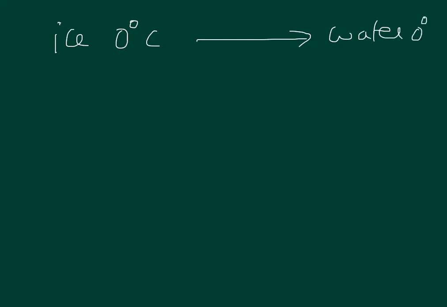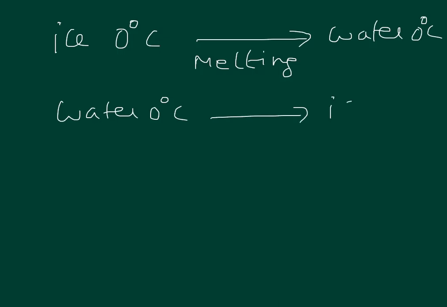Okay, fine. Ice at 0 degrees centigrade converting to water at 0 degrees centigrade is called melting. Converting water at 0 degrees centigrade to ice at 0 degrees centigrade is called freezing.